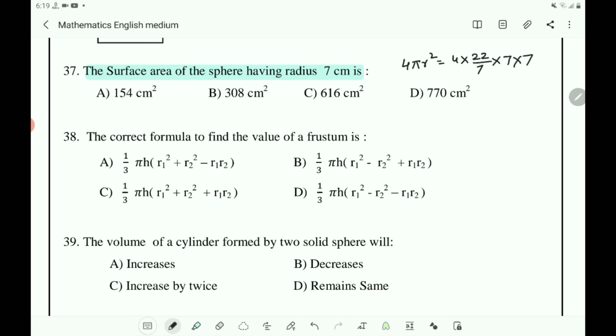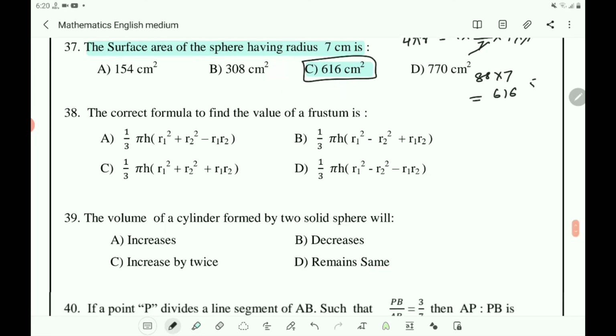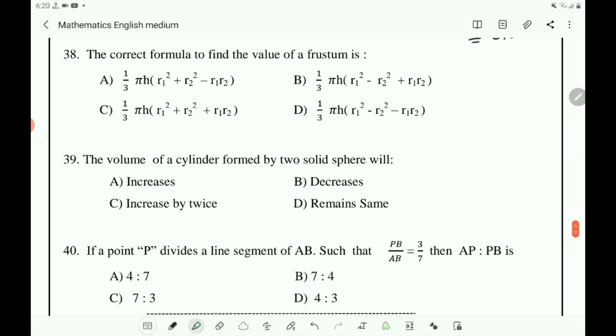So you can cancel 7. 4 22s are 88 into 7. 8 7s are 56, plus 5, 61. So it is 616 cm square. 616 cm square.